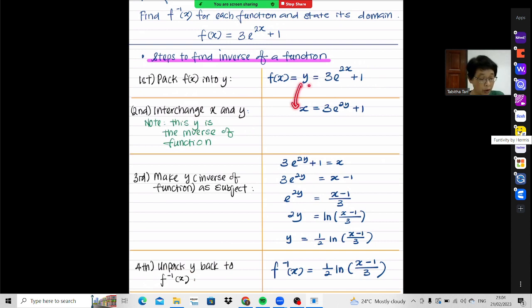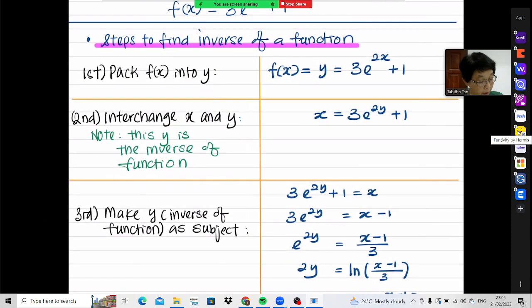So wherever in the function you see a y, you now interchange it into x, and wherever in the function you see an x, in the inverse you make it into y, and this y itself is the inverse that you are looking for. So let me just highlight that to you.